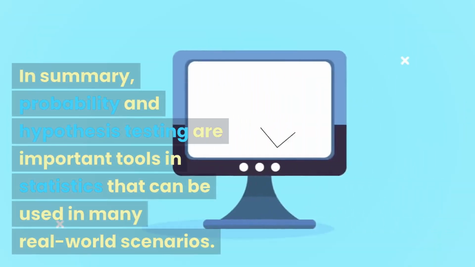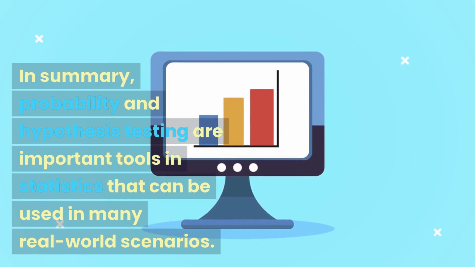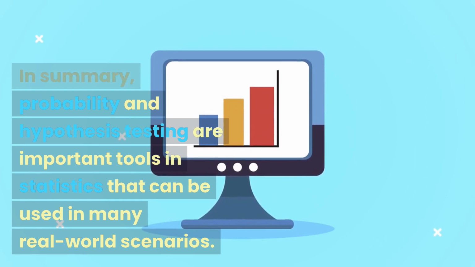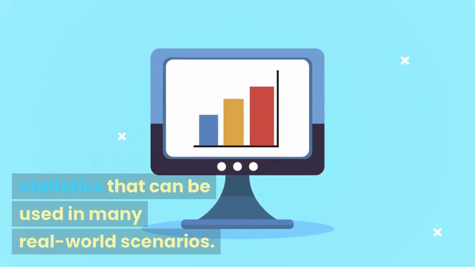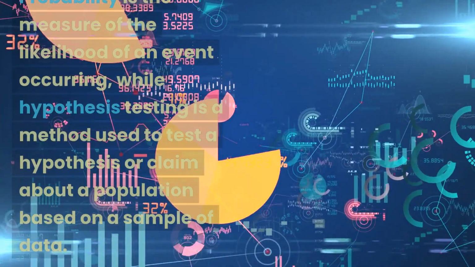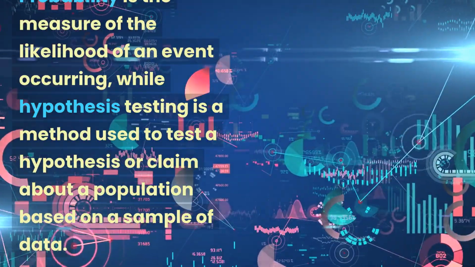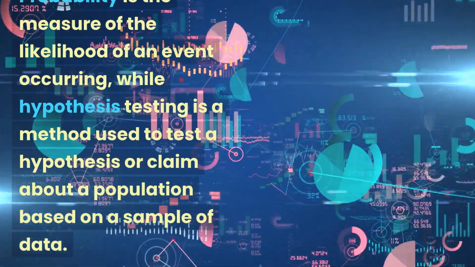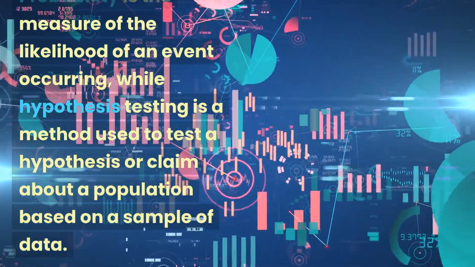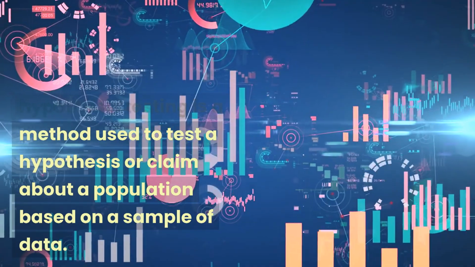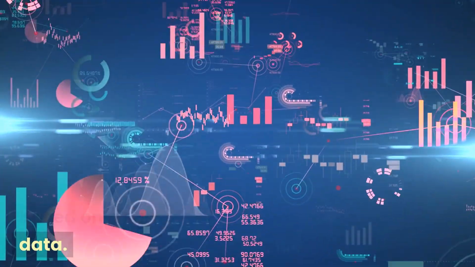In summary, probability and hypothesis testing are important tools in statistics that can be used in many real-world scenarios. Probability is the measure of the likelihood of an event occurring, while hypothesis testing is a method used to test a hypothesis or claim about a population based on a sample of data.